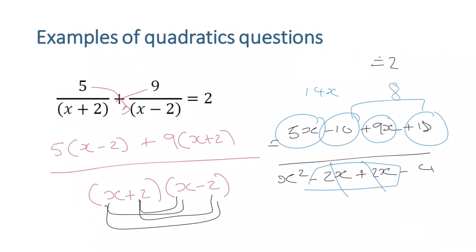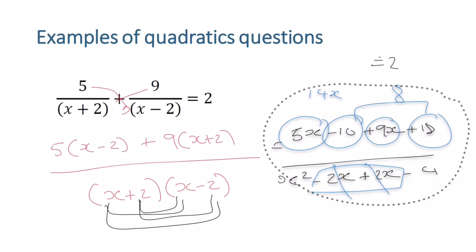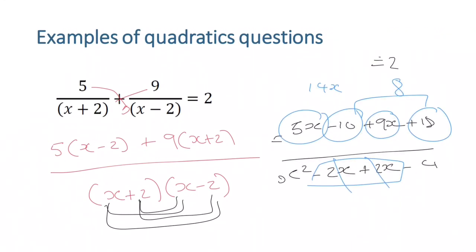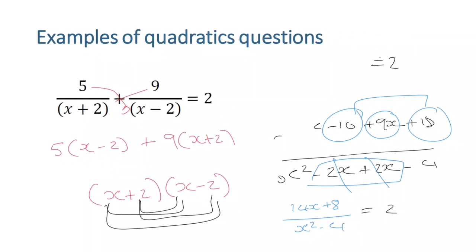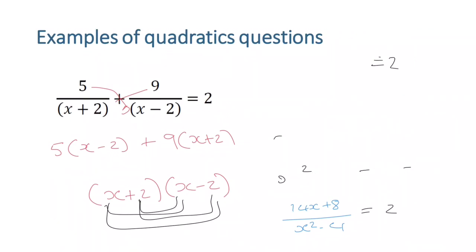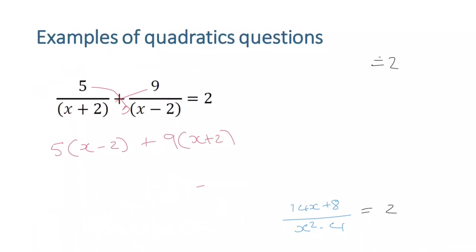So all of this simplifies to 14x plus 8 over x squared minus 4. And remember, this all equals 2. Now if we remove these, let's make a bit more space.